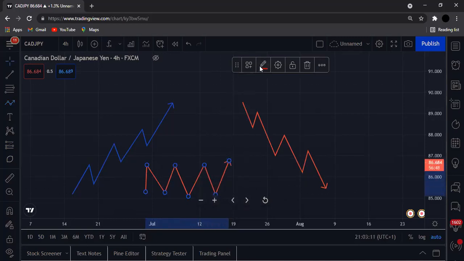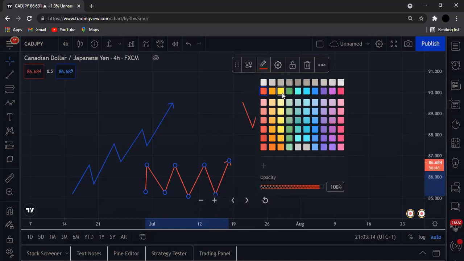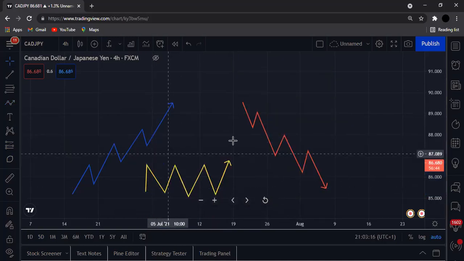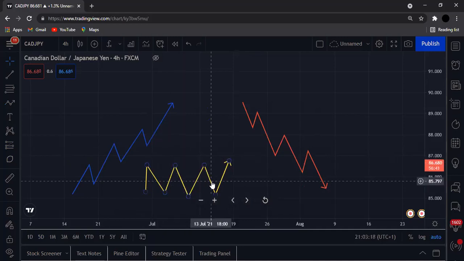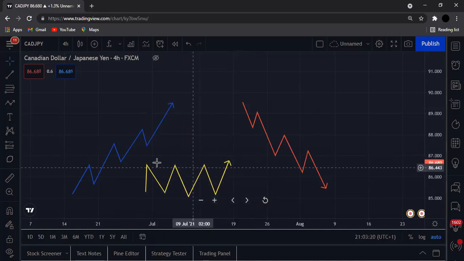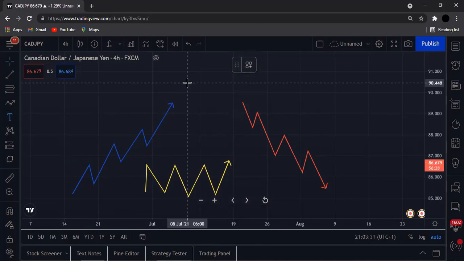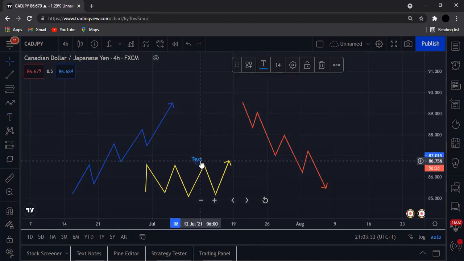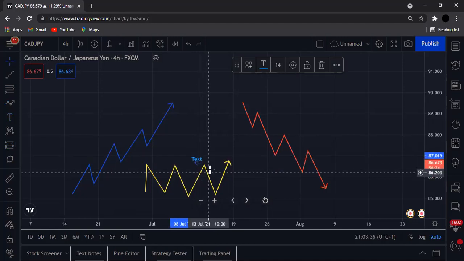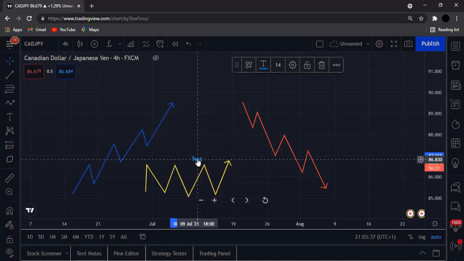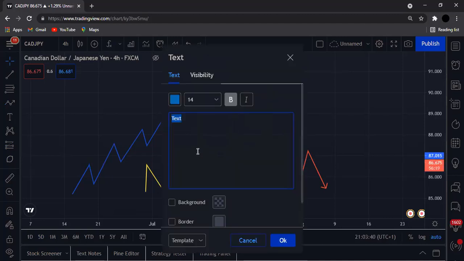How about the yellow one? I'm not sure. Is this just a trending market or a choppy trend? Oh, choppy trend.